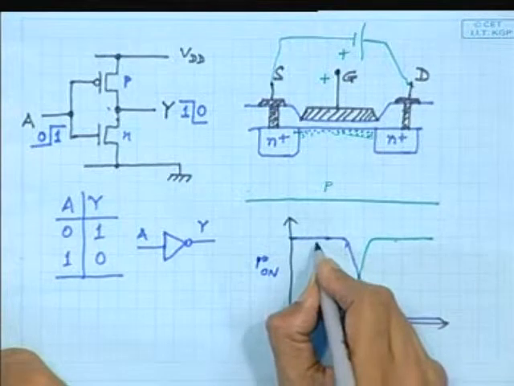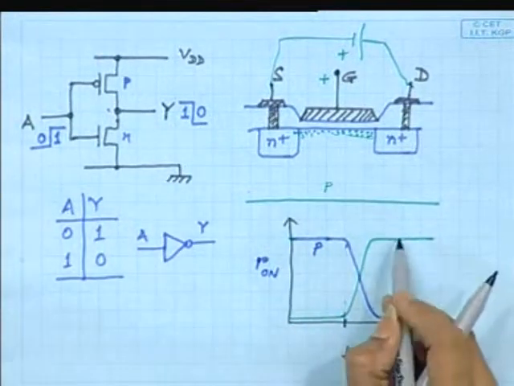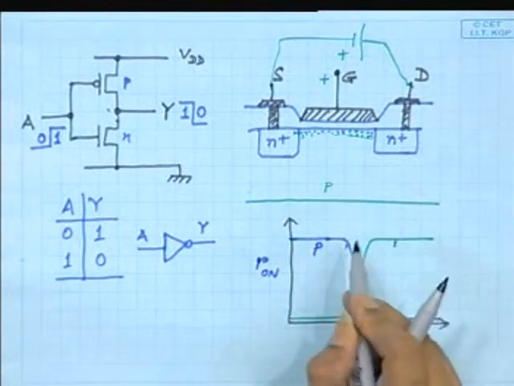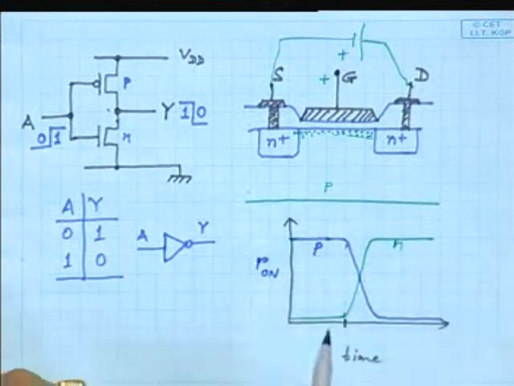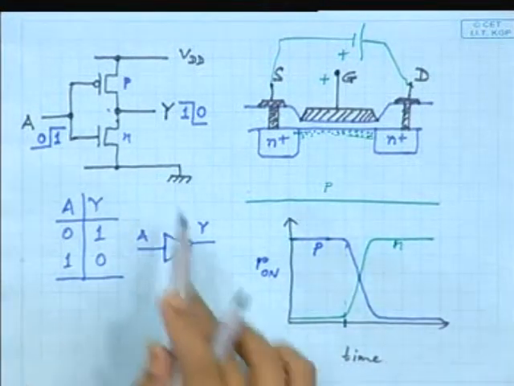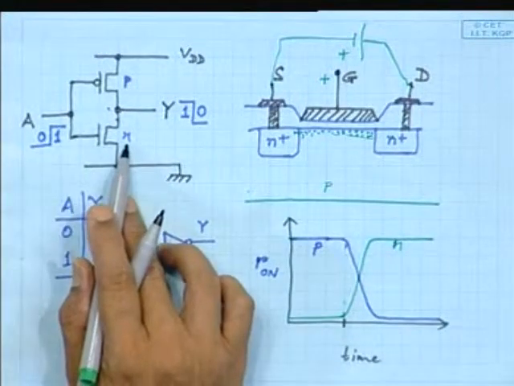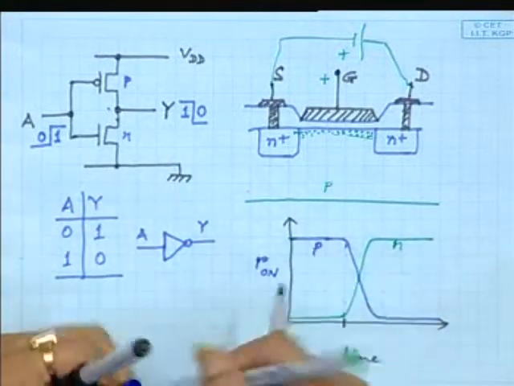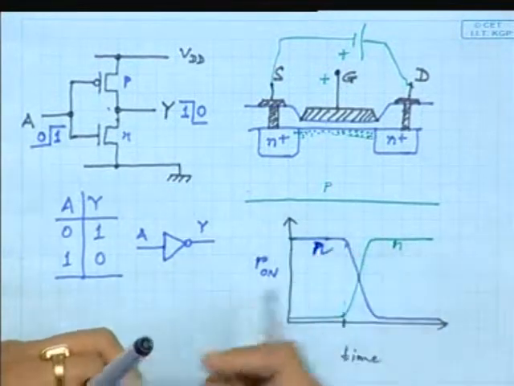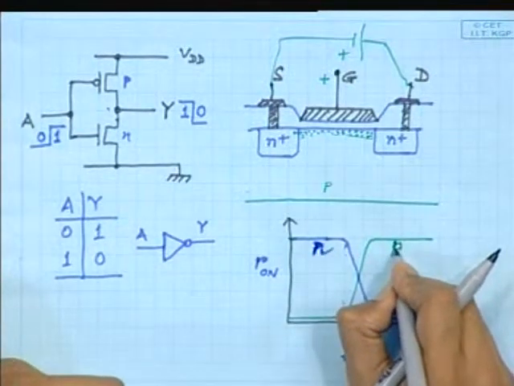The green one is P type and the blue one is, sorry, it's the other way around, I think. This one initially we are thinking it is 0, so N type is off. Okay, so this is N type and this is P type.